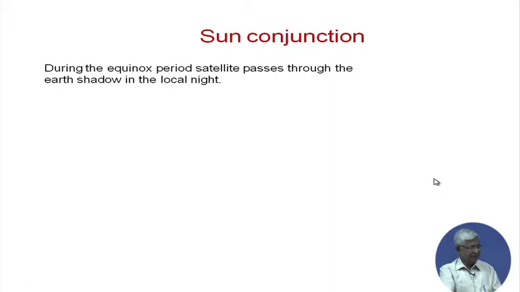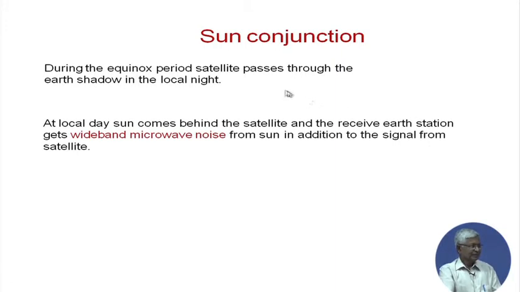The other side, that is the daytime, the sun is behind the satellite. Just imagine, earth was between satellite and the sun, and in the daytime, in the same period of the year, the sun conjunction takes place, which is that the local day sun comes behind the satellite, and the receiver station gets a very wide band microwave noise generated by the sun in addition to the signal generated by the satellite.